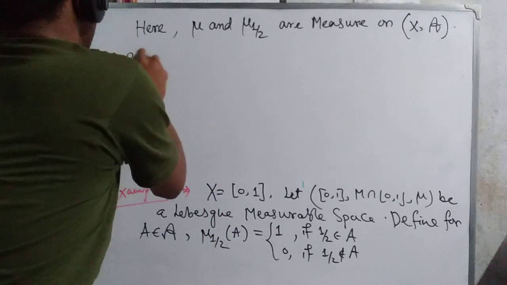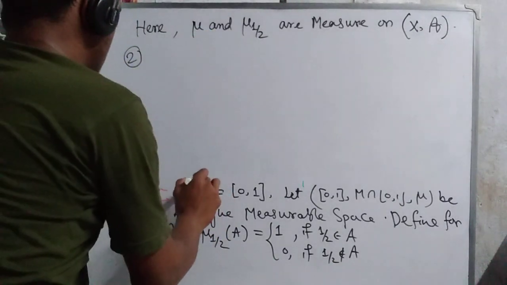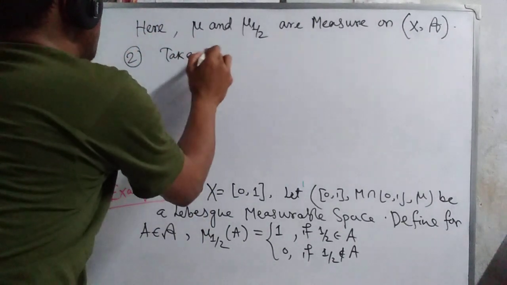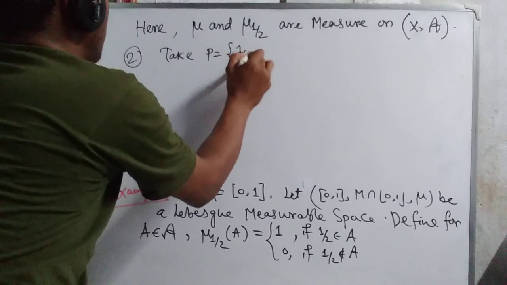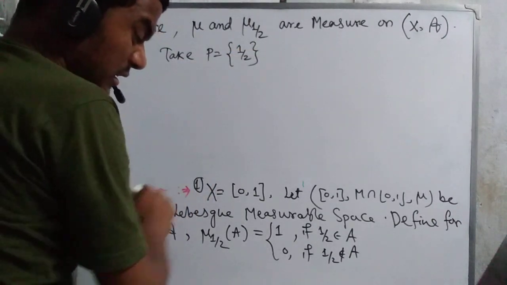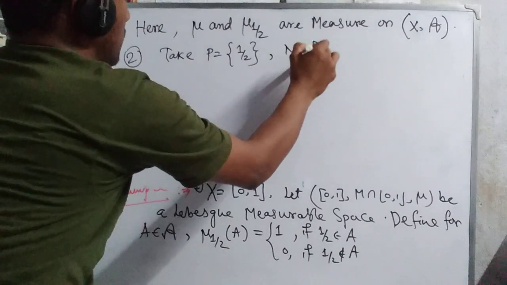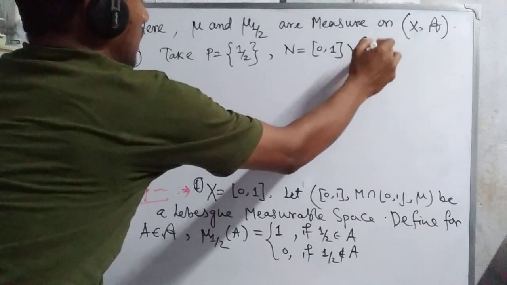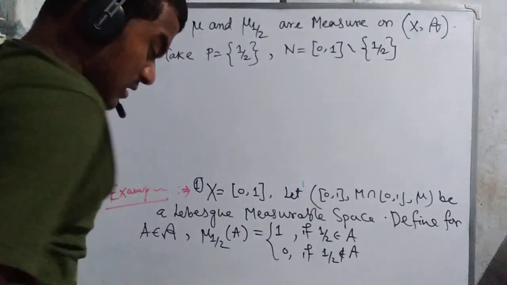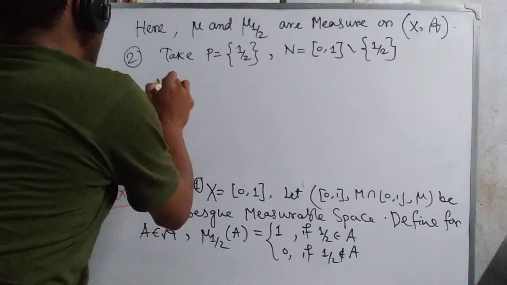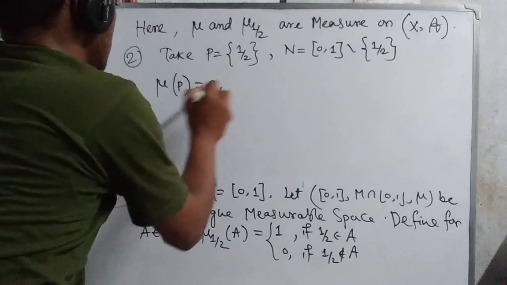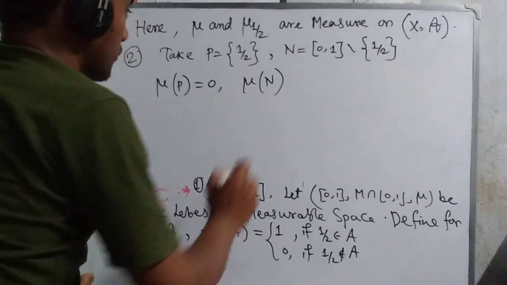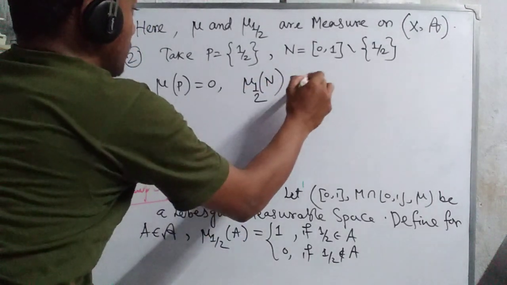Now the second option. Take E equal to the set containing half and N equal to closed 0 1 difference the set containing half. Then mu of P equal to 0 and mu half of N equal to 0.